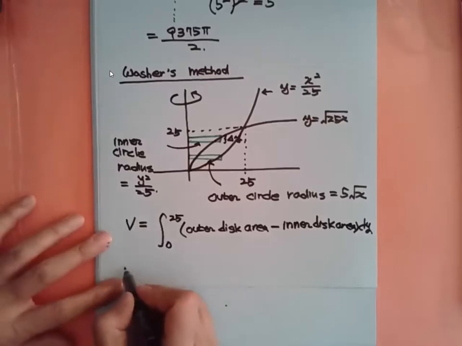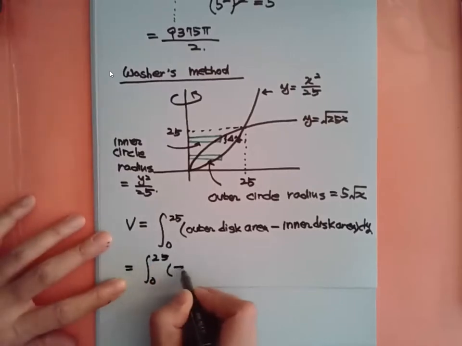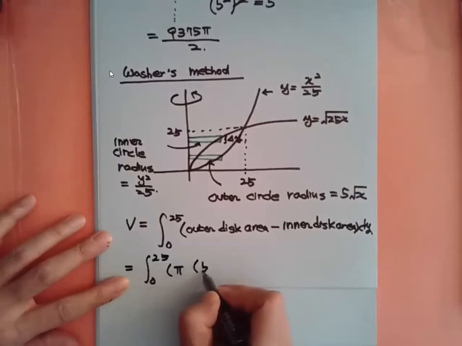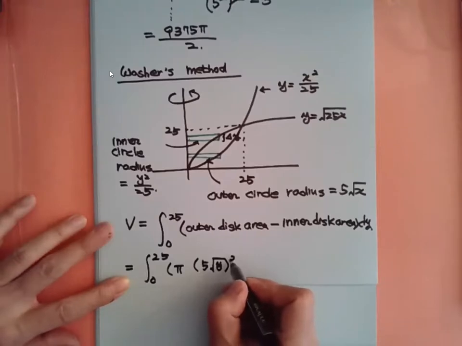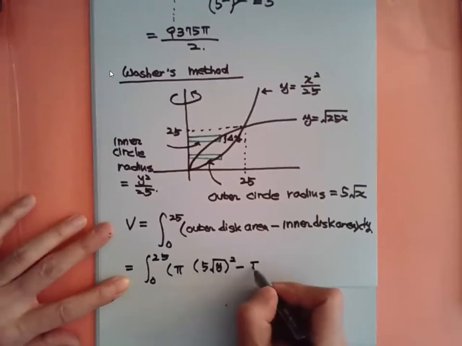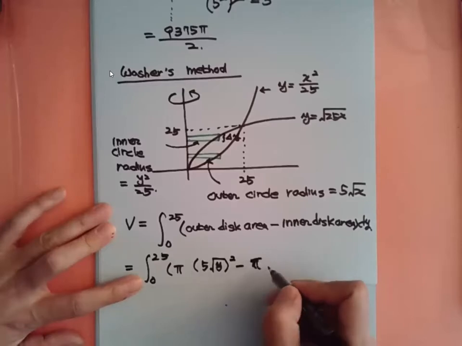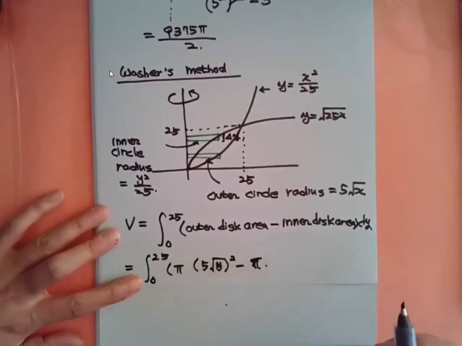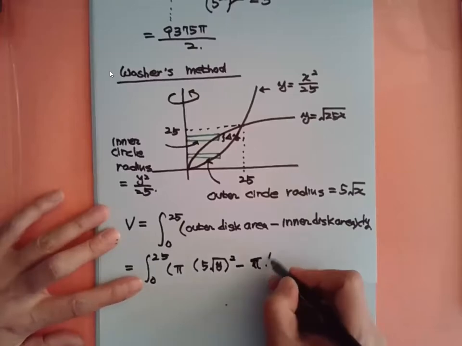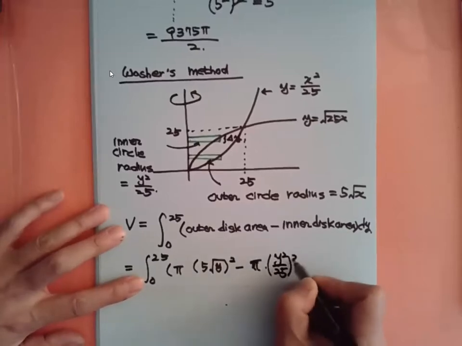So the equation we have to set up will be the integral from 0 to 25 of pi times 5 square root of y squared, minus pi times y squared over 25, squared, dy.